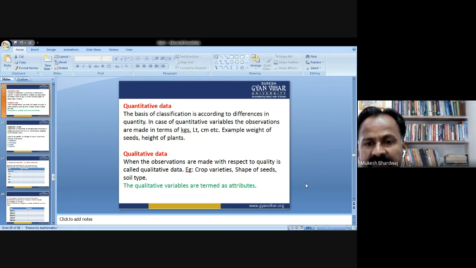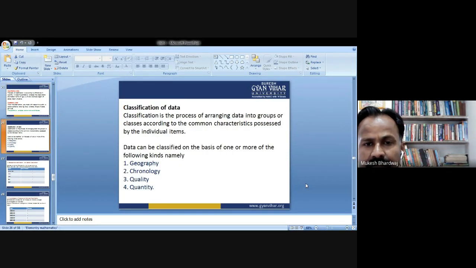Example, crop varieties, shape of seeds, soil type. The qualitative variables are termed as attributes. Just note it down. The qualitative variables are termed as attributes. Now, there is a further classification of data.